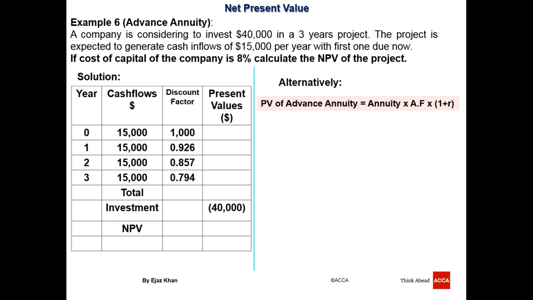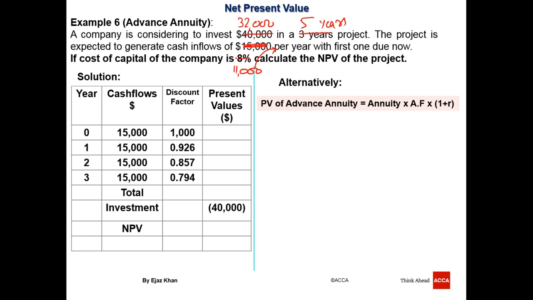Okay, just quickly, let me make a few changes to the question, and I want you people to solve this question for me. A company is considering to invest $32,000 in a 5 years project, and the project is expected to generate $11,000 per year, with first one due now.